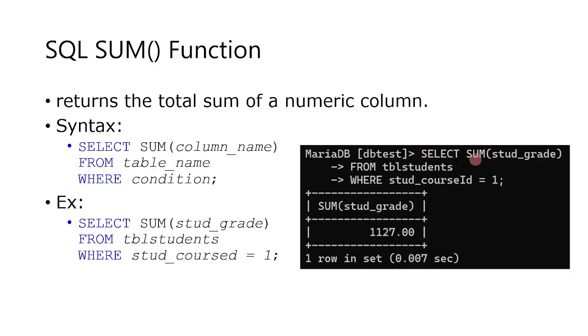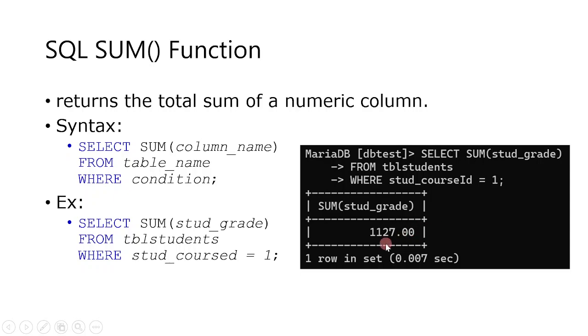So we have here select sum, then stud grade. This is the column that we are going to get the sum of its values from the table. Then where course ID is equal to 1. So as you can see here, the sum of stud grades is 1,127. Maybe later on you're going to divide it by the count, so that would be the average.